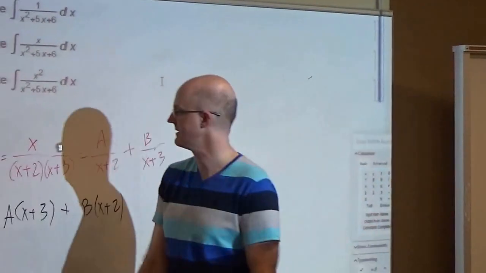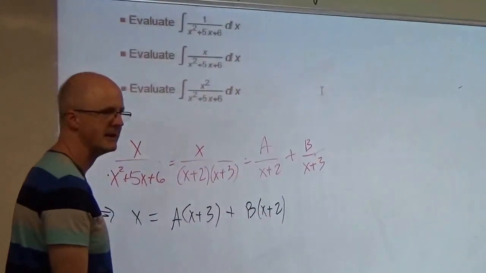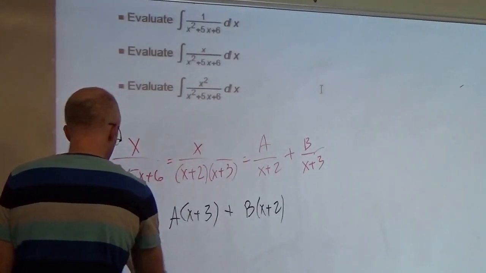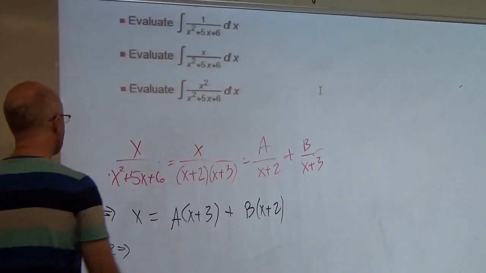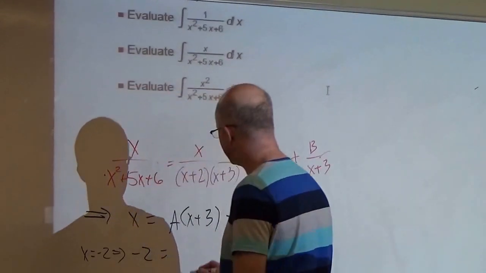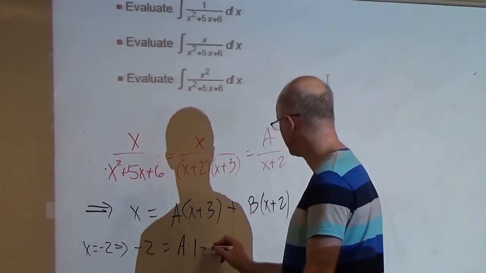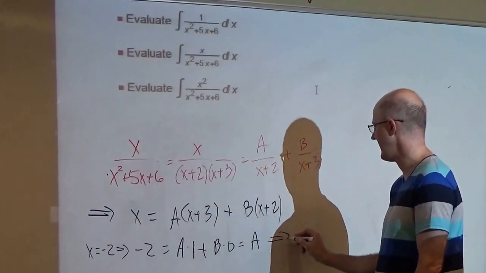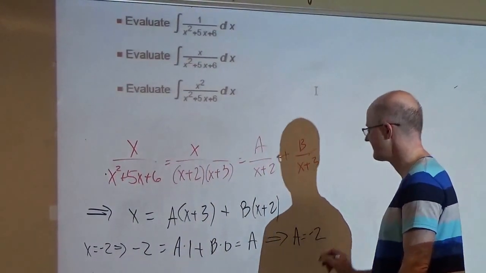But it's quicker to let x equal -3 and -2 and see what happens. When x is -2, I guess I wrote -3 there, you get -2 on the left, you get a times 1 plus b times 0 on the right. In other words, a is -2.